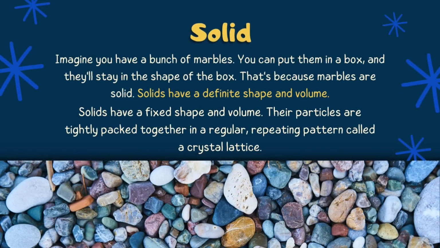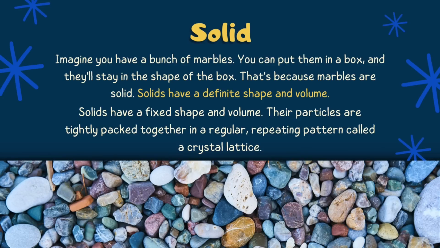Now let's take a look at it one by one. Let's start with solid. Imagine you have a bunch of marbles. You can put them in a box, and they'll stay in the shape of the box. That's because marbles are solid. Solids have a definite shape and volume.